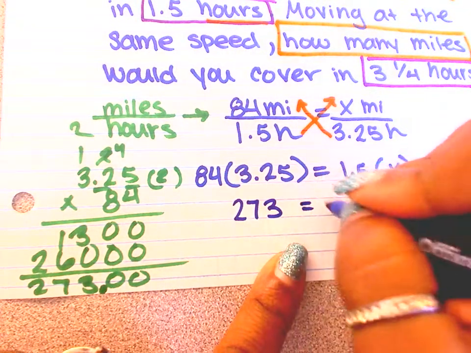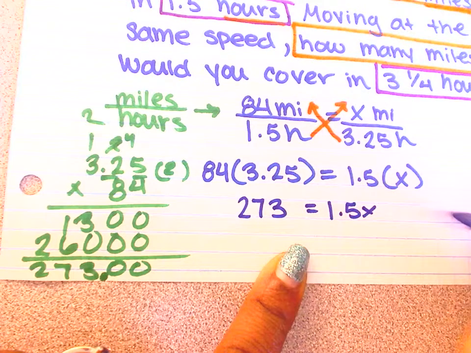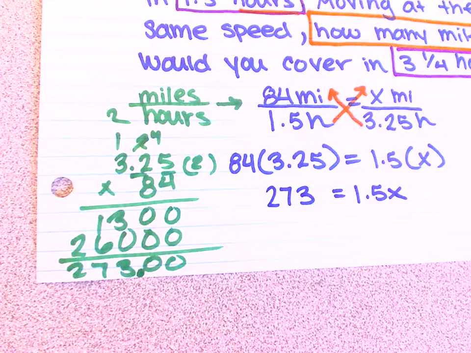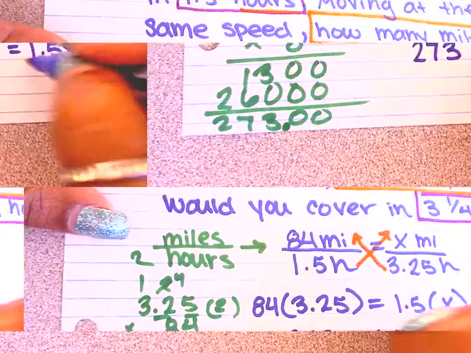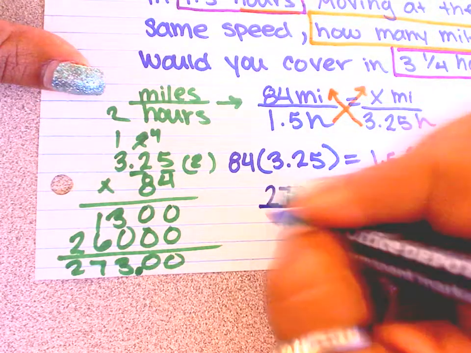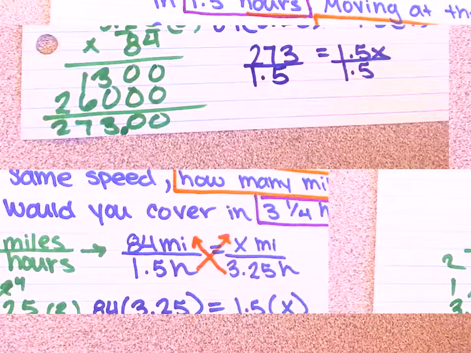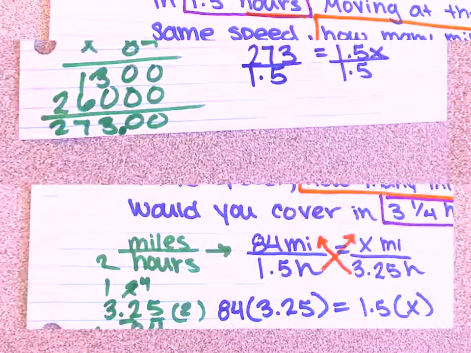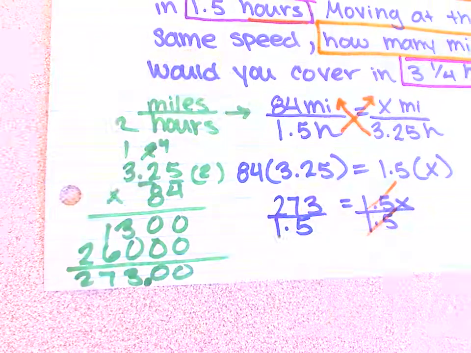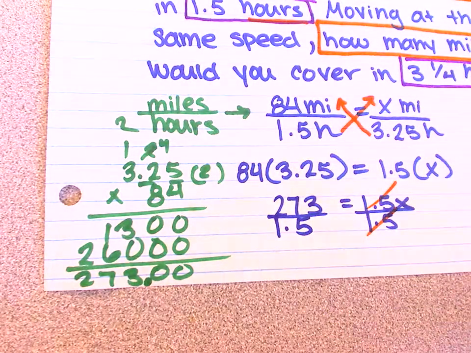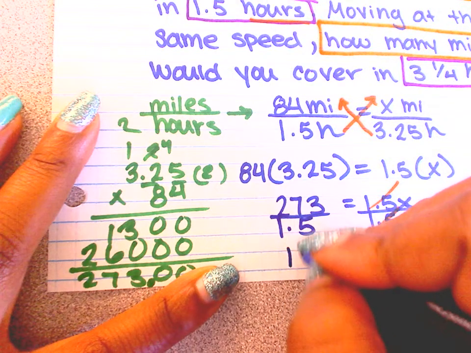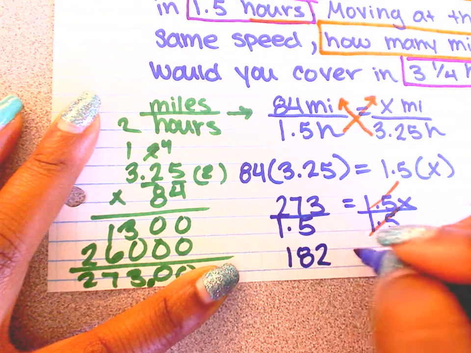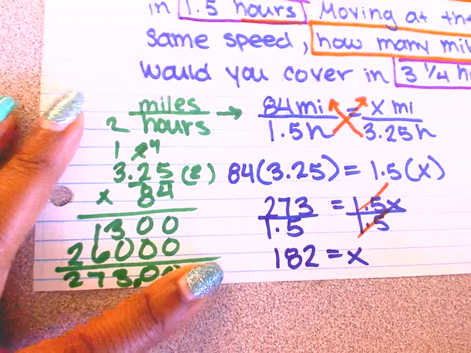Equals, on the other side, 1.5x. Divide both sides by 1.5 to get x by itself. These guys cancel out. 273 divided by 1.5 is 182 equals x.